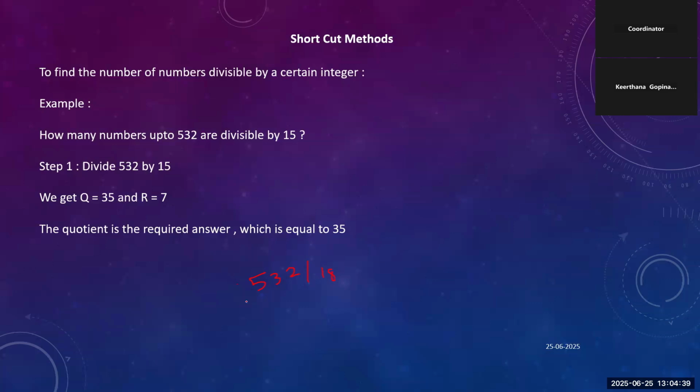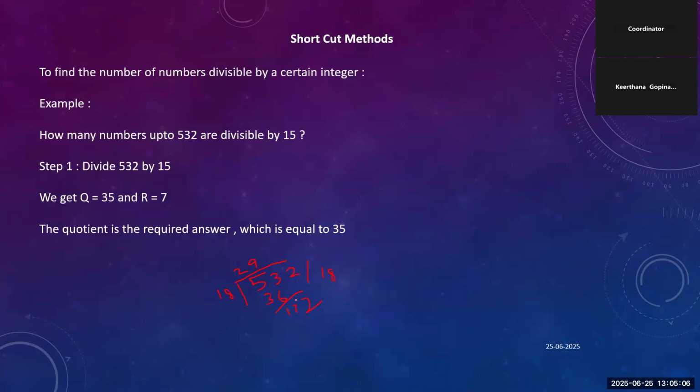If instead of 15 they say 18, it's 532 by 18, so 2 times is 36, then 172, which is 9 times. So 29.